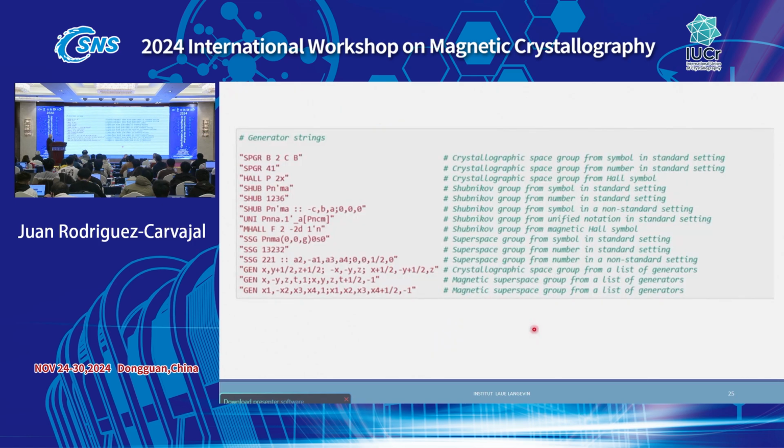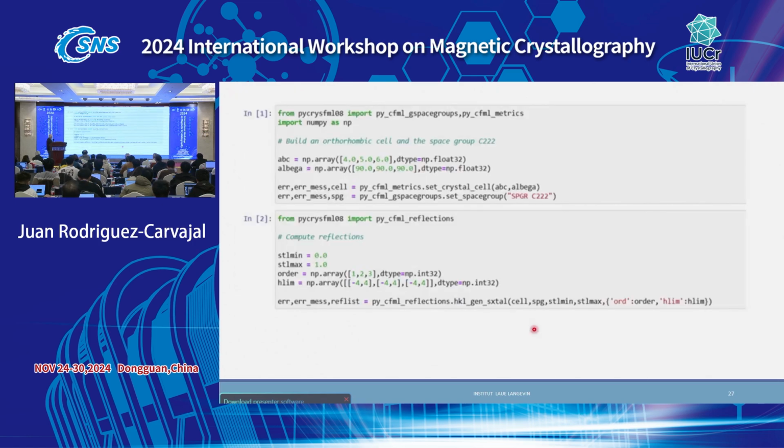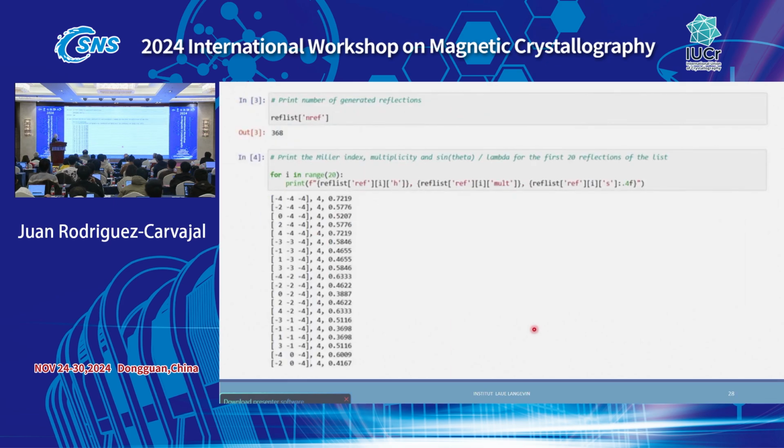Yes, for example, you have here a typical Python notebook for working, and then you can just import, for example, from PyCrysFML, import PyCFML general space group and PyCFML metrics. You see that you can handle these kinds of things relatively easily.